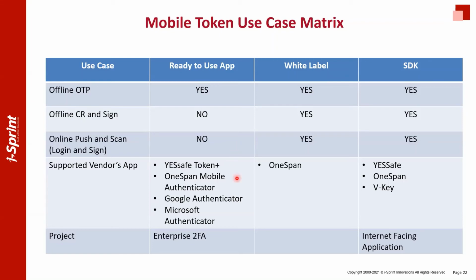And then we support different vendors: YesSafe so far, OneSpan, Google Authenticator, Microsoft Authenticator. And then for the SDK, we can integrate these three vendors. And for project-wise, normally if you have an SDK, you have a mobile application.